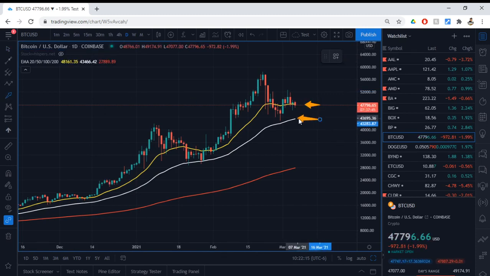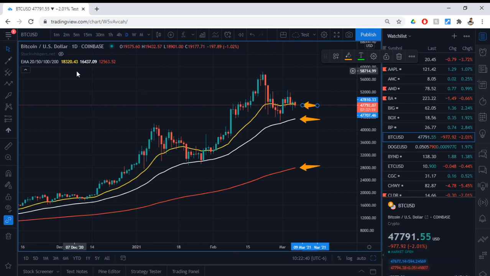Everyone in the world, ever since the beginning of time, has just kind of decided that the 20 day, the 50 day, and the 200 day are the most common moving averages to use. Now, I use the EMA here. It doesn't really matter if you use the moving average or the exponential moving average. You're going to have slight differences, obviously, but in its essence, it's the same thing.